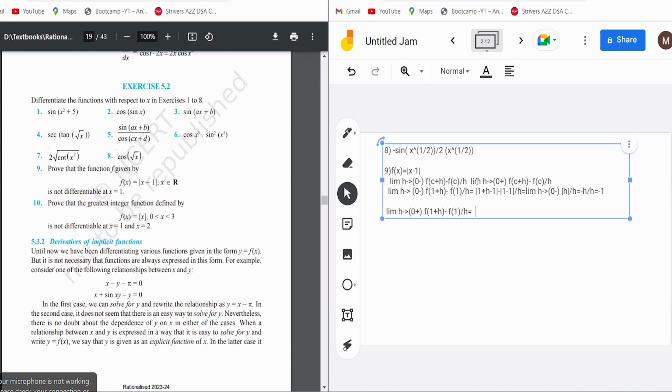So from here we can see that f of 1 plus h would remain the same: mod of 1 plus h minus 1, minus mod of 1 minus 1, the whole thing divided by h. Okay, so now here the same thing comes: mod of h divided by h.